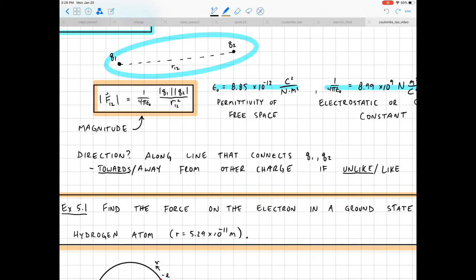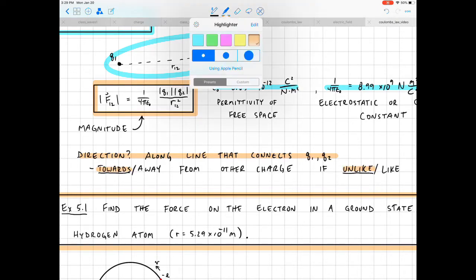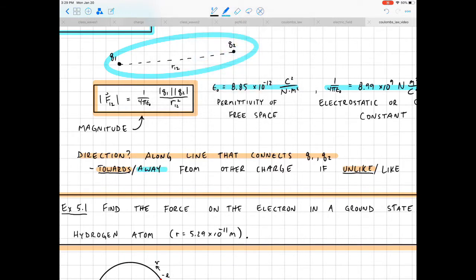What's the direction? The direction is along the line that connects Q1 and Q2. If your two charges are unlike, then that force will be towards the other charge, and if your charges are like charges, then that force will be away from the other charge.